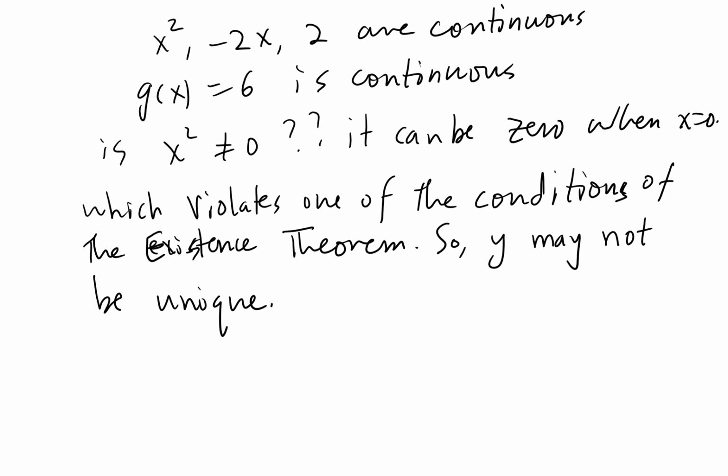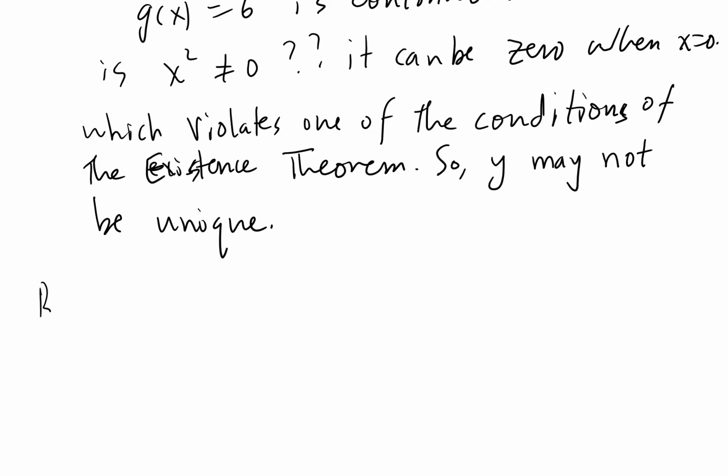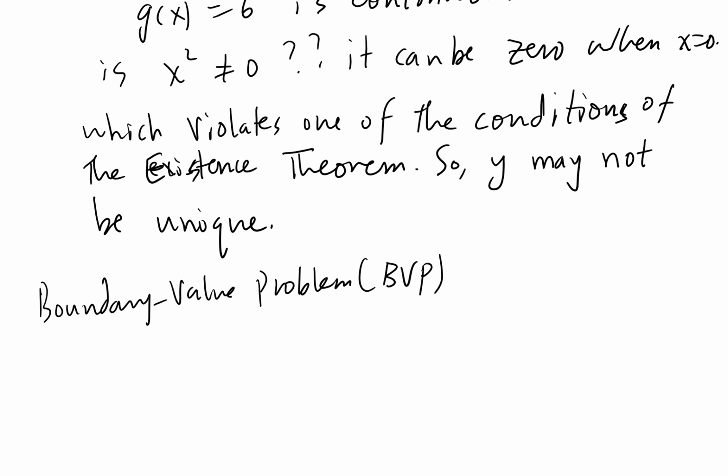And now I'm going to do the boundary value problem, BVP. Those are differential equations with order 2 or greater. So what are the solutions? That's what we're going to do here.